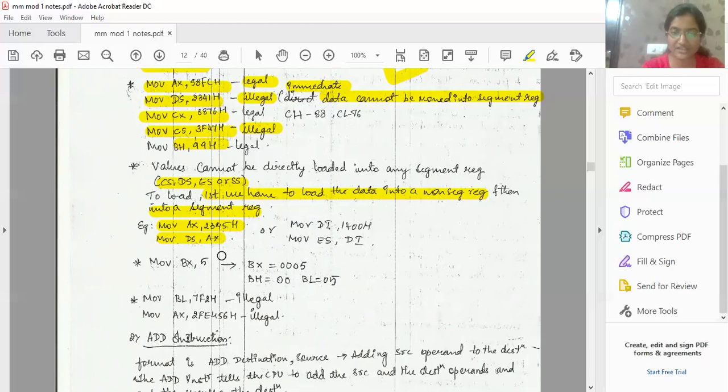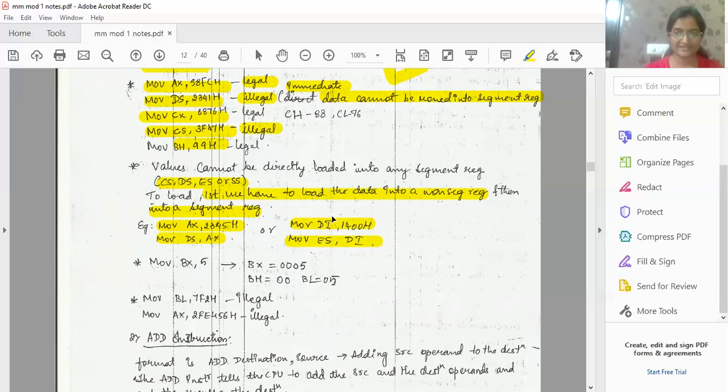So for that we have taken one non-segment register, the AX register. We have loaded the immediate data 2345 into AX, and then we move the content of the AX register into the DS register. Now another example: MOV DI, 1400, MOV ES, DI.